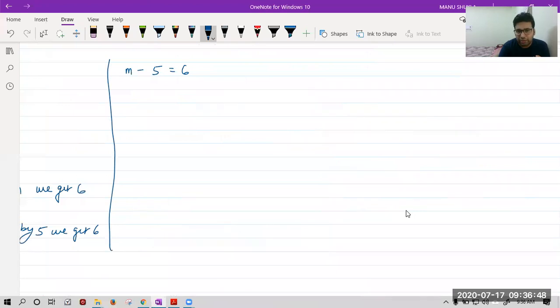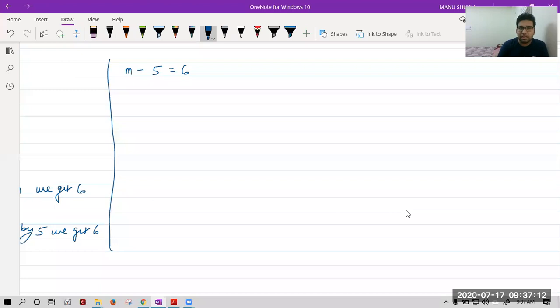When we divide m by 5, but it's not divide, it is minus. 5 subtracted from m gives 6. Correct? So this is mathematical, and we can read it as 5 subtracted from m gives 6. That is the English statement.